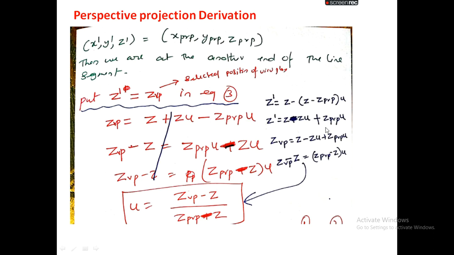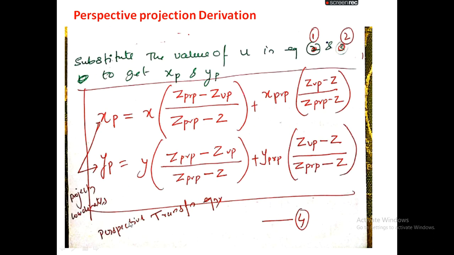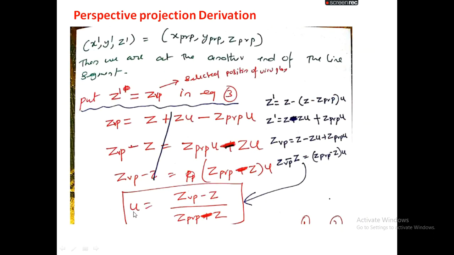Now after substituting z dash equal to zvp in equation number 3, I will get the u value. As I said in the previous slide, u is some constant and its value ranges from 0 to 1. Now we calculated the u value when I substitute z dash equal to zvp.